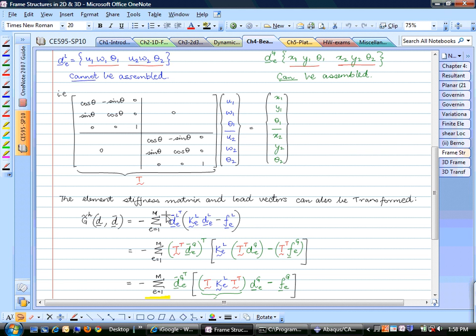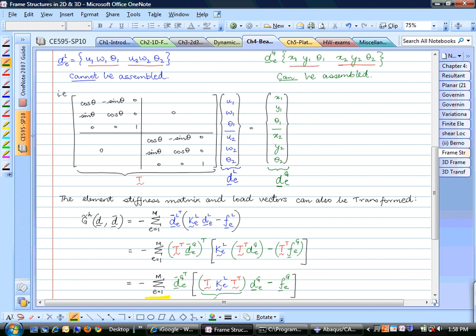So what you would do is, okay, so which one is global coordinates and local coordinates? This vector right here is d element degrees of freedom in the local coordinates, and this vector right here is d element degrees of freedom in the global coordinates.